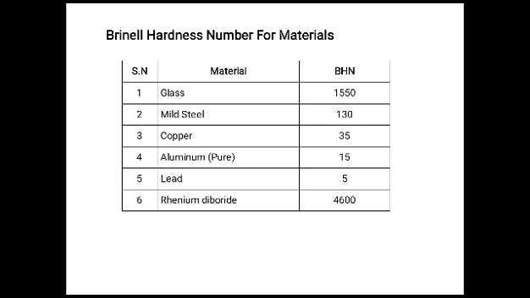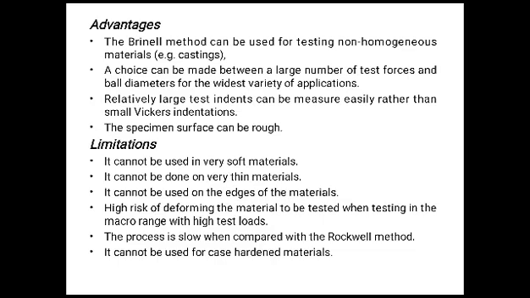The various Brinell hardness numbers are: for glass it is 1550, for mild steel it is 130, for copper it is 35, for commercially pure aluminium, which is 99.9% pure, it is 15, for lead it is 5, and for rhenium diboride it is 4600.